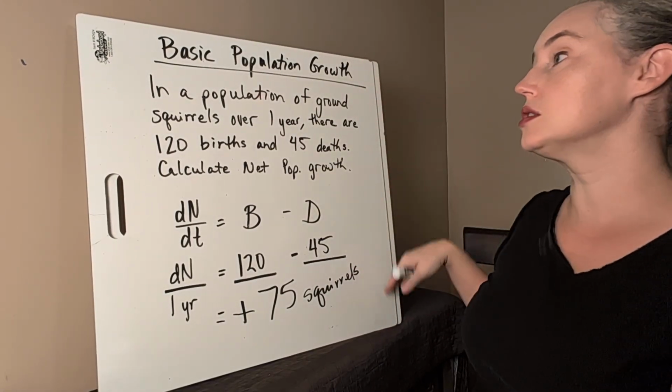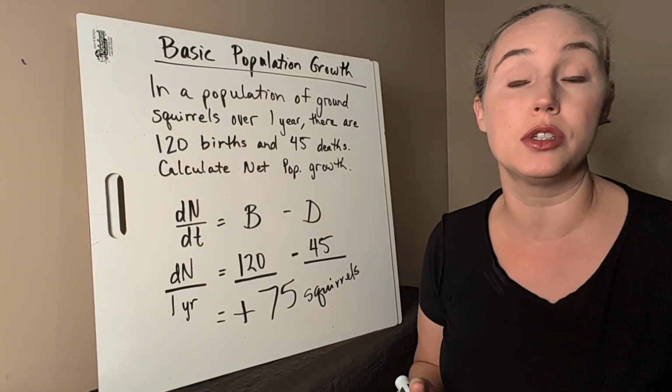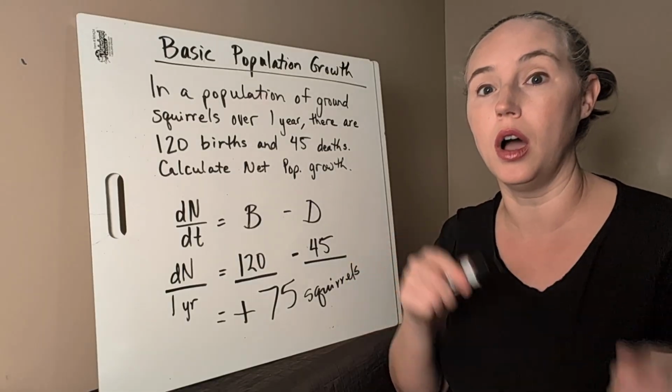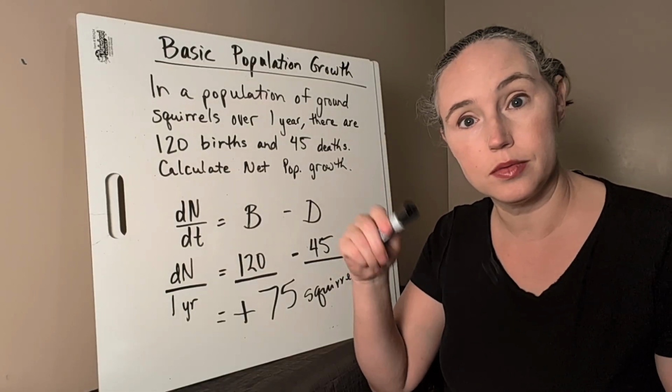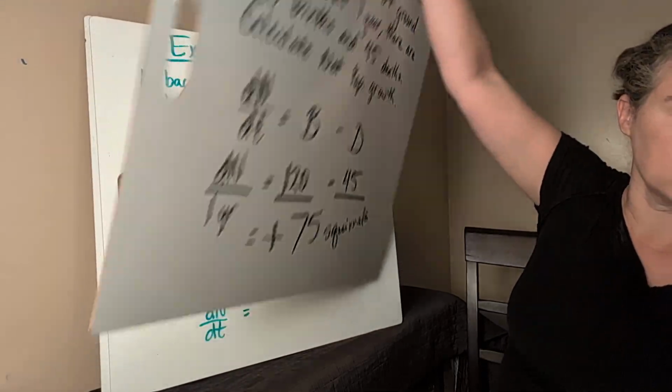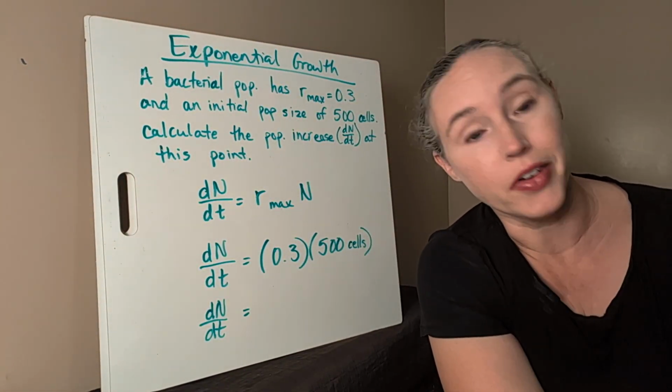So the answer to basic population growth isn't going to be a rate. It's going to be an actual number of squirrels. In this case, it's in that year.